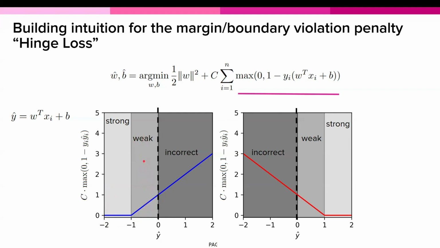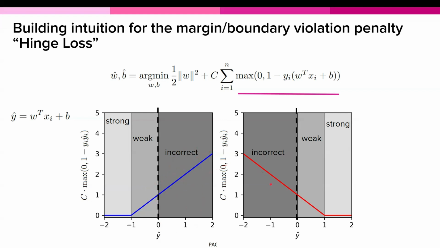The point's correctly classified, but still incurs some penalty because it lies inside the margin. Finally, if the linear predictor is greater than 0, it enters the incorrectly classified region because the penalty just continues to increase again.